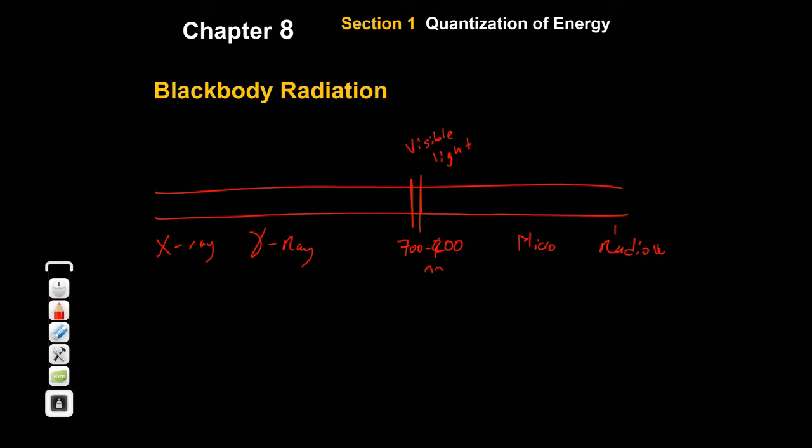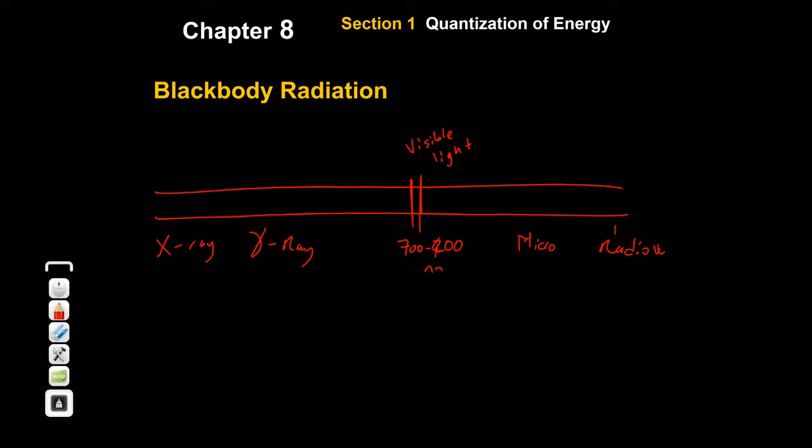If an object is at 0 Kelvin, absolute zero, in this case we assume that there is no vibration and no radiation. But at all temperatures above it, minus 200, minus 100, 0 degrees, every object starts to radiate, and we call it electromagnetic radiation.